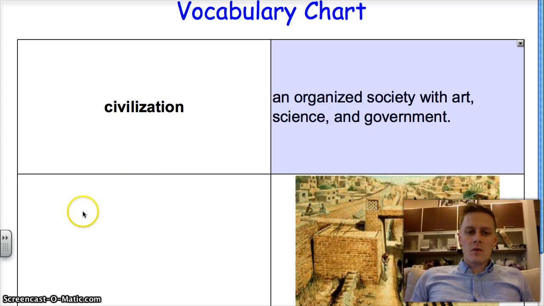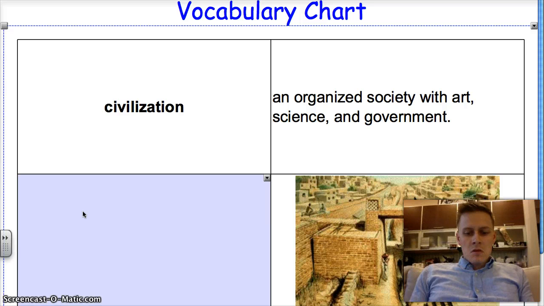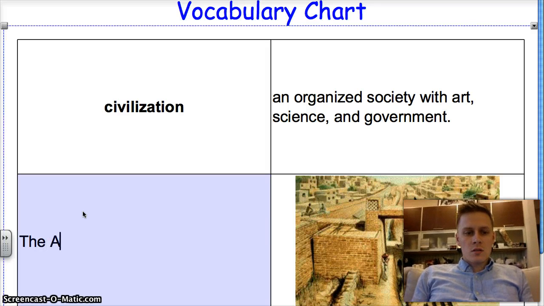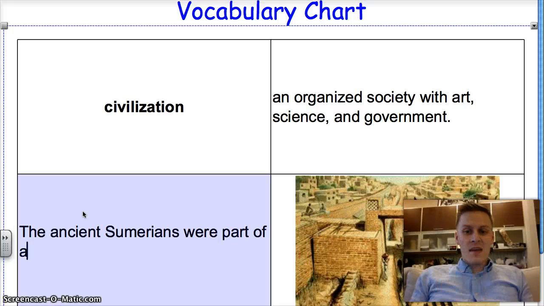All right, now if I were going to create a sentence for this, I would say the ancient Sumerians were part of a civilization.